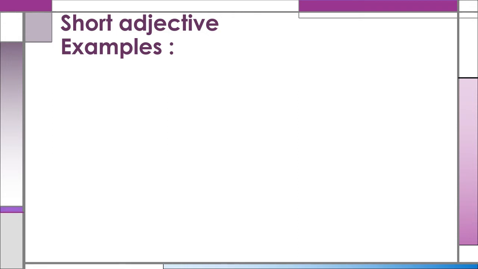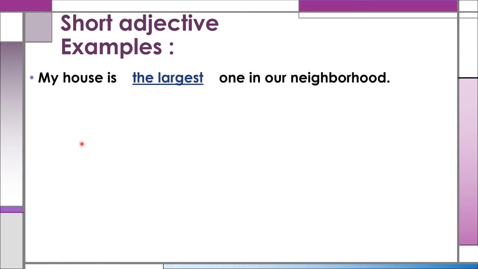As with comparative adjectives, there are two ways to form a superlative adjective. The first form is with short adjectives. Look at this example. My house is the largest one in our neighborhood. We usually add the at the beginning of the adjective in superlative.